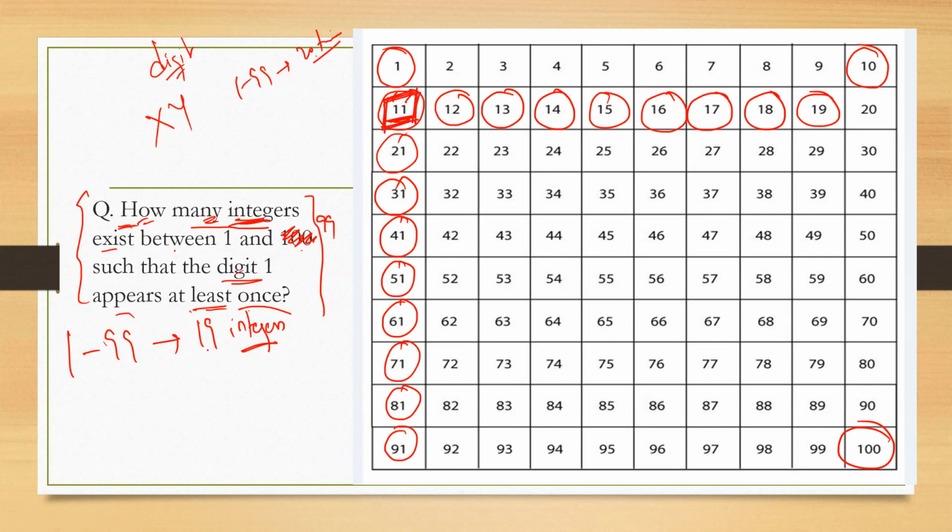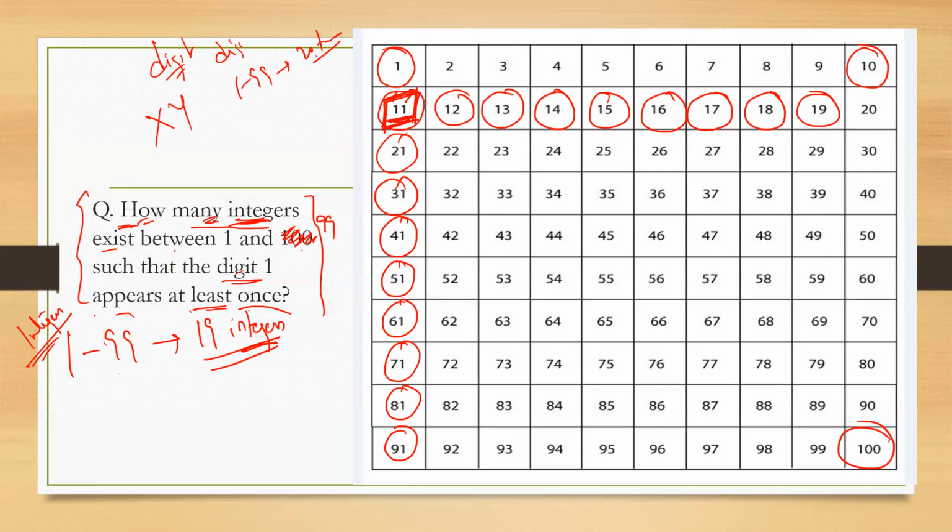That is why, when we go from 1 to 99, there are 19 such integers. Is this clear? Earlier, we were talking about digits. Here, we are talking about integers. Just keep this in mind.